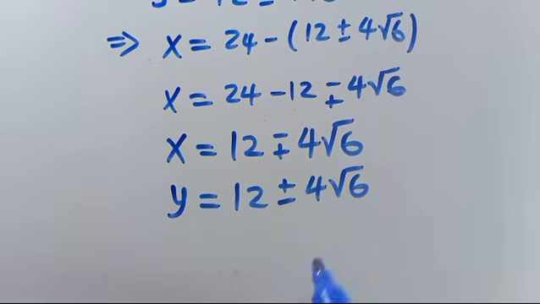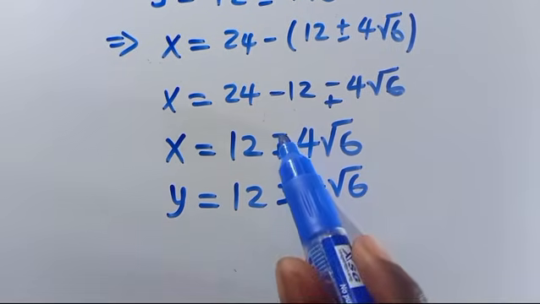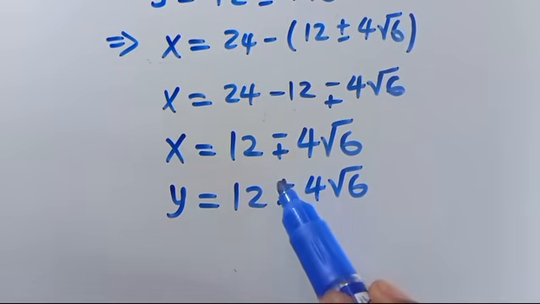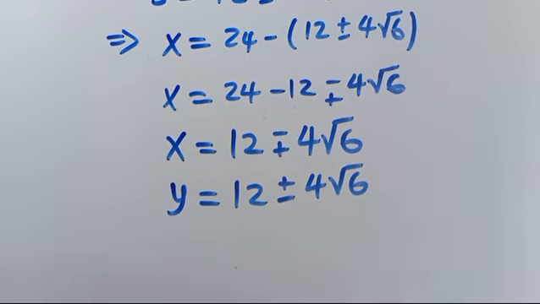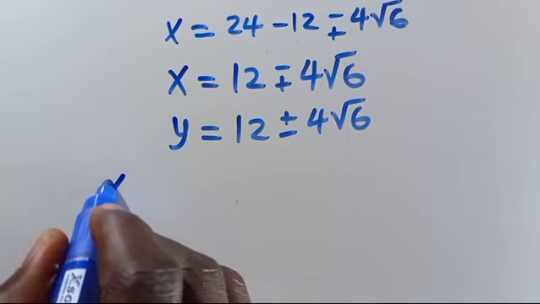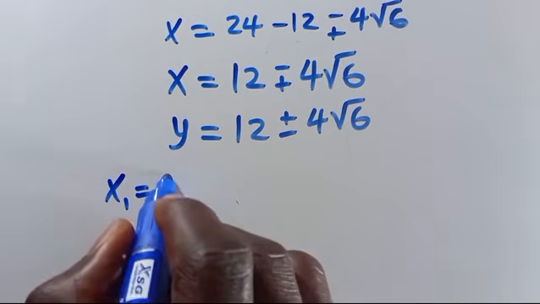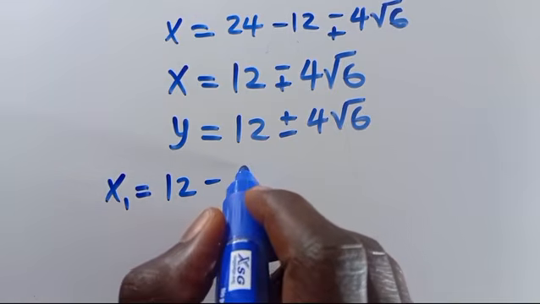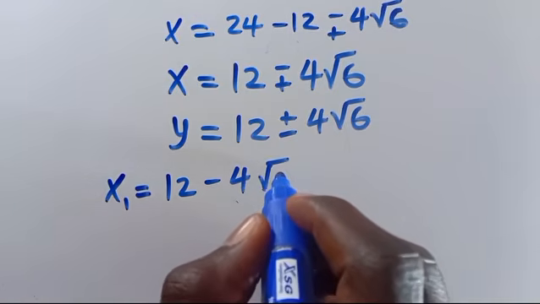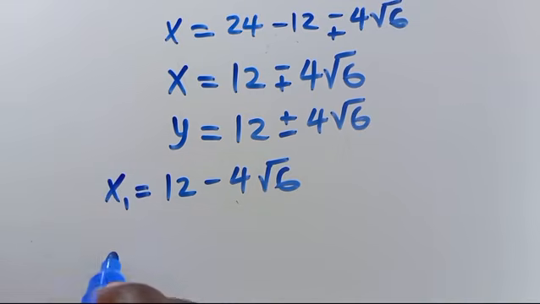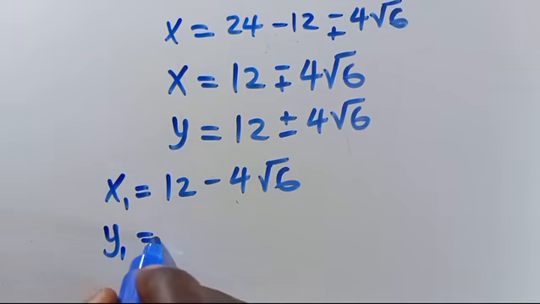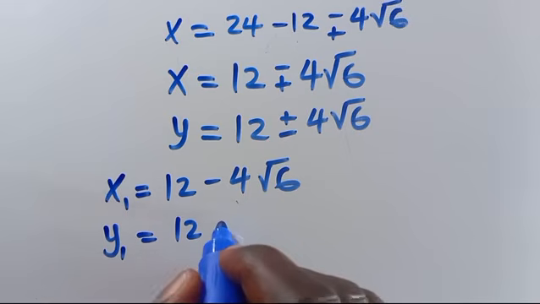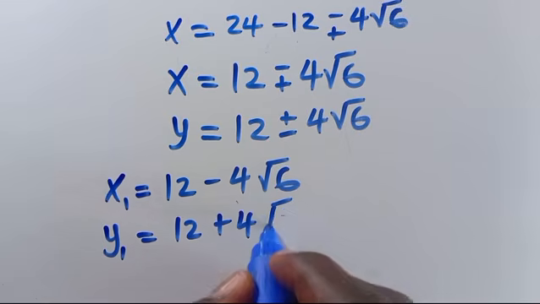Now, there's a difference between these. They are not the same. Here is plus, here is minus. So meaning that when we have x1 equals 12 minus 4 root 6, this tells you that y1 will be 12 plus 4 root 6.